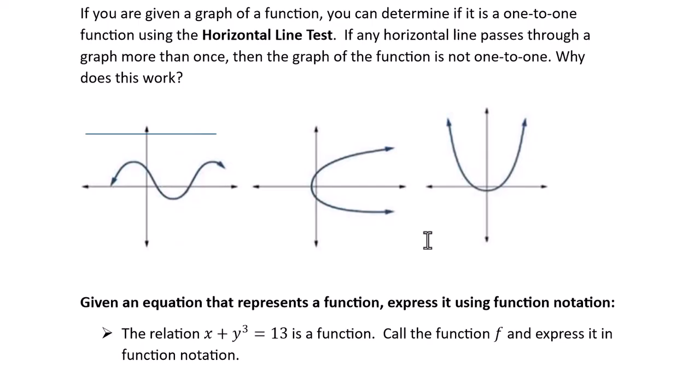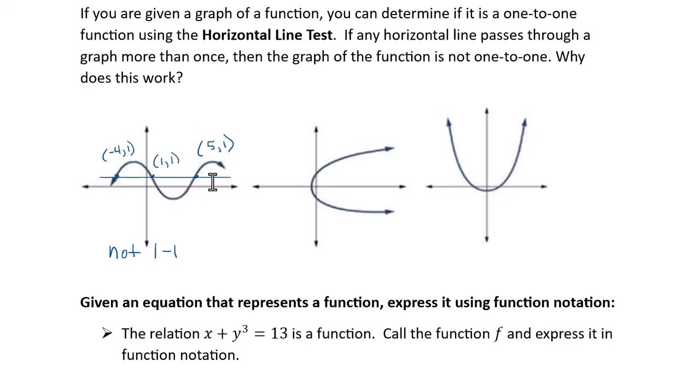Roll your pencil from top to bottom and see, does it hit more than one place? Here it does, so we're going to say that this is not one-to-one. Just like we did before, let's make up some points here. Say this is (-4, 1), and this is (1, 1), and this is (5, 1).